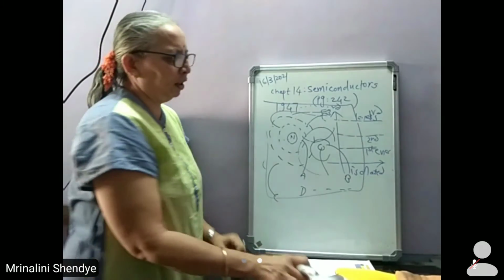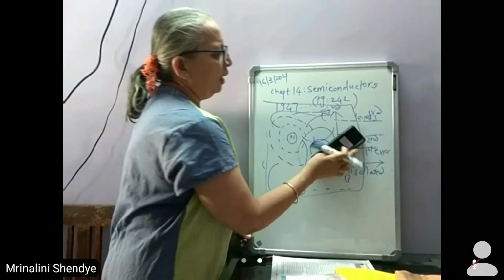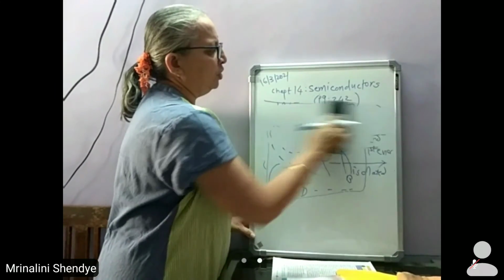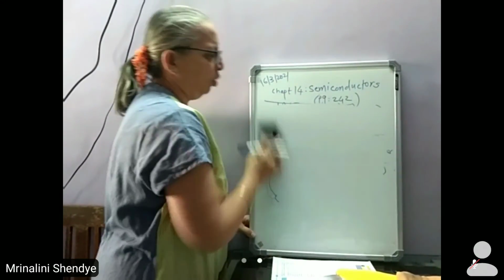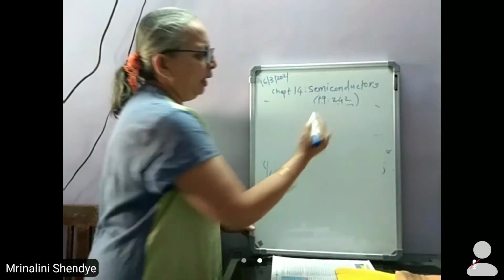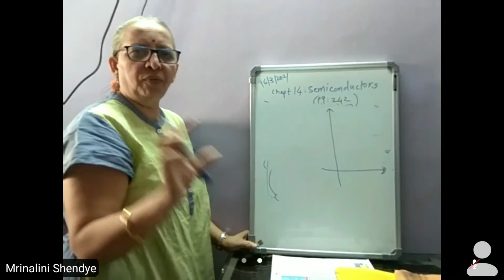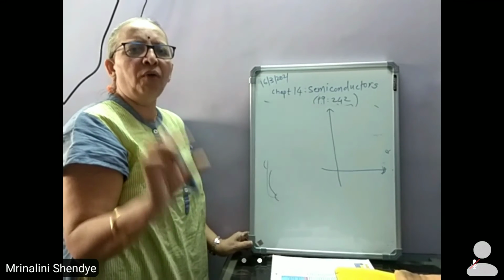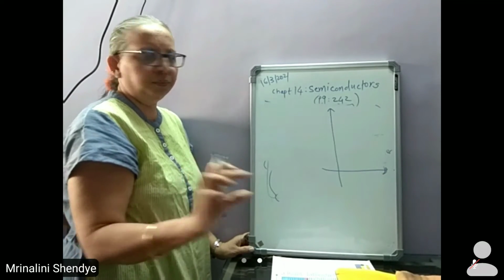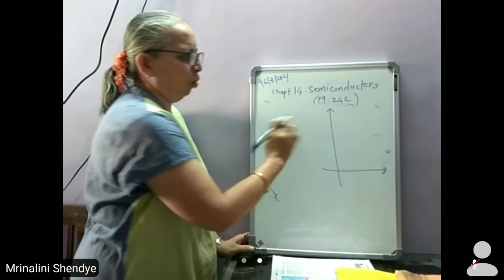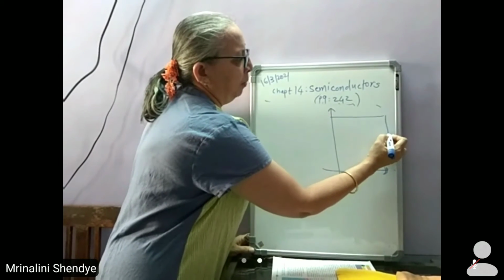So for a crystal, you always represent energy levels, energy states for different orbits, in the form of energy bands. The group of sublevels of energies in one particular orbit forms an energy band.